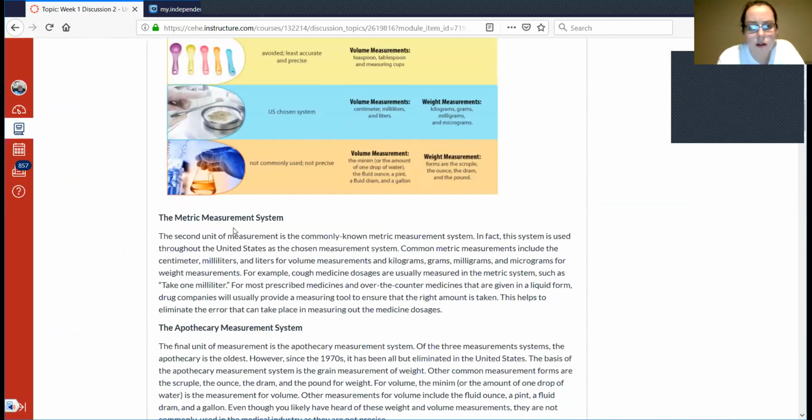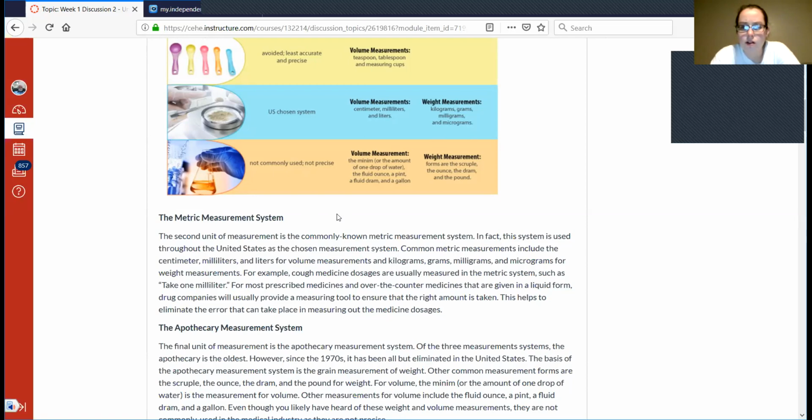The major system is the metric system, also known as the international system or Système International. We know it as the metric system. The metric system is the official measurement system of the United States government. But in practical terms, it's used mainly for medical and scientific purposes. Most people don't use it because they don't need to.